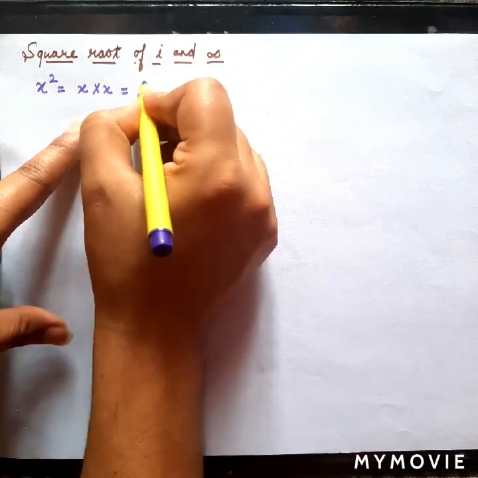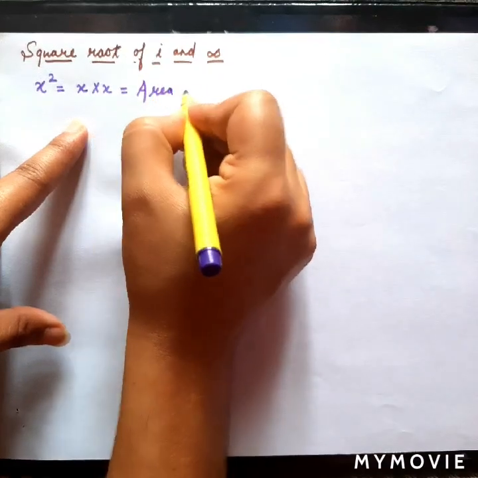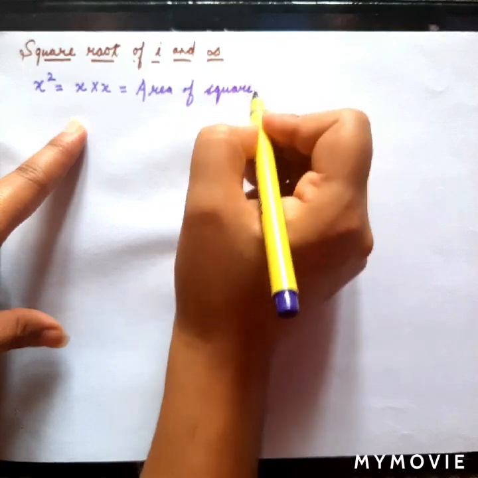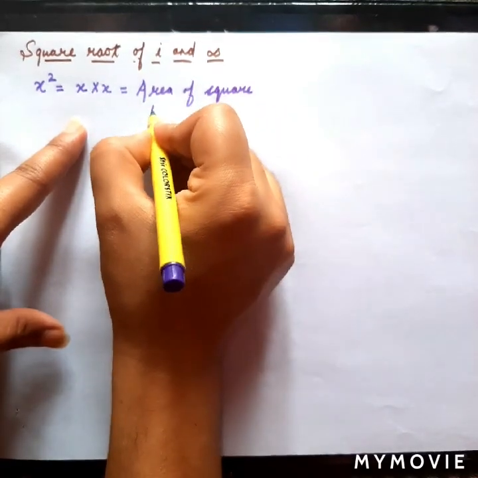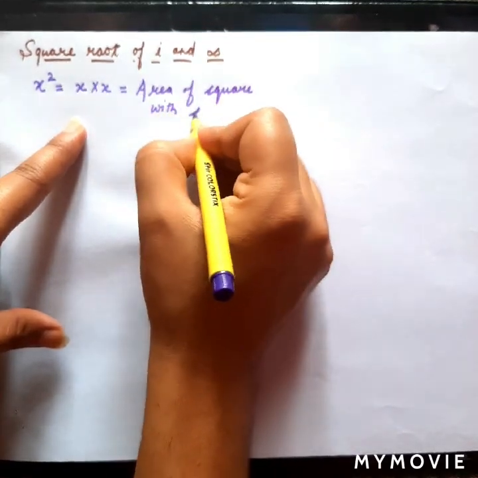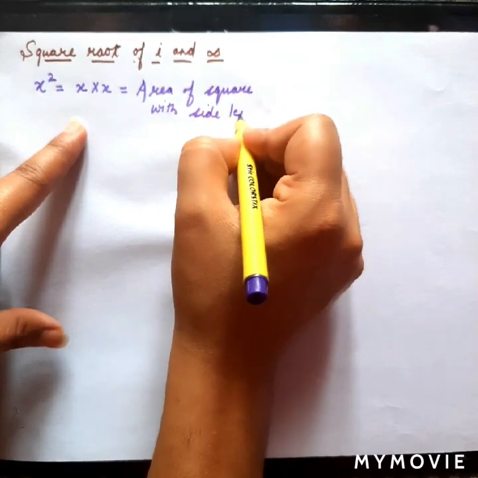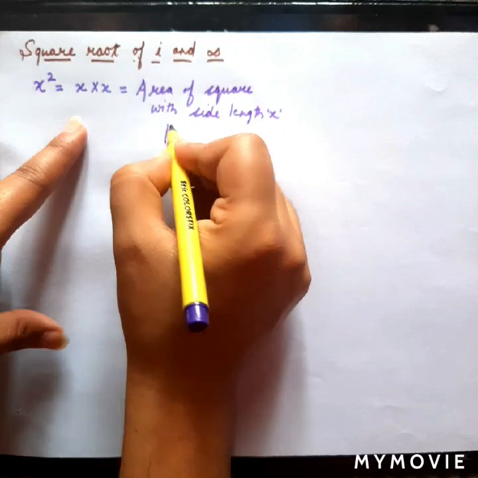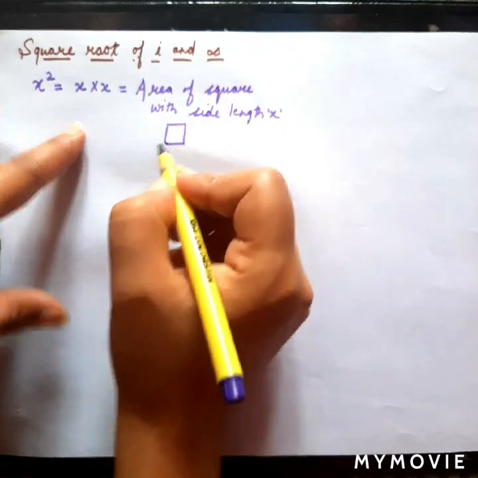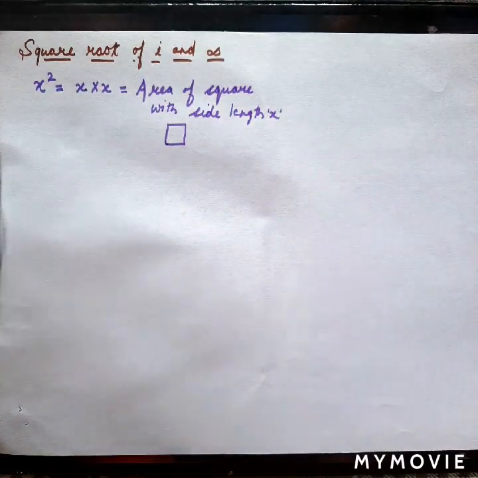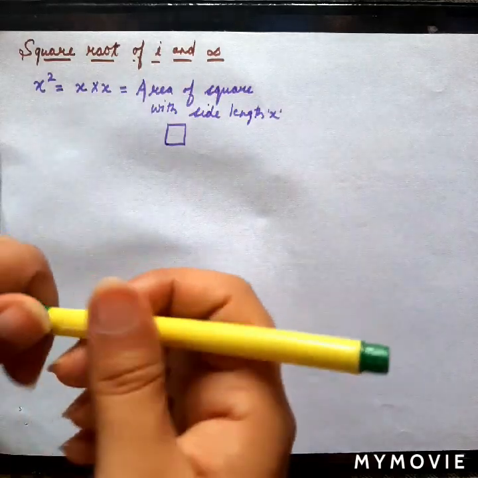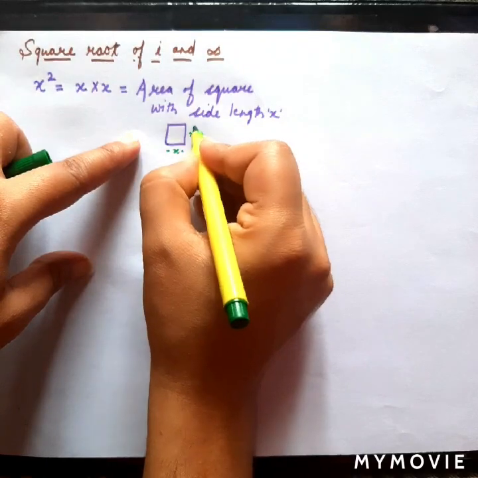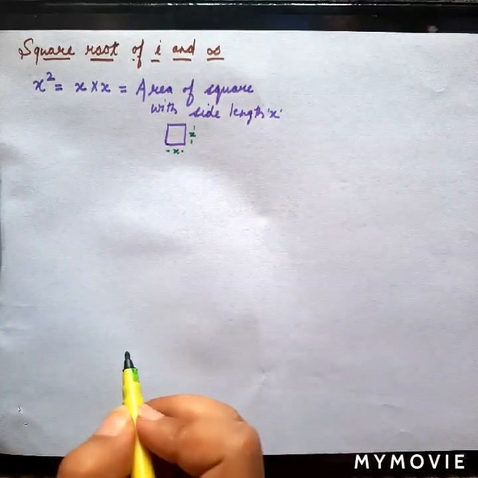And this we can also say that area of a square with side length x, right? So suppose if we have a square, then this square with side length x will be having area of x square, right?